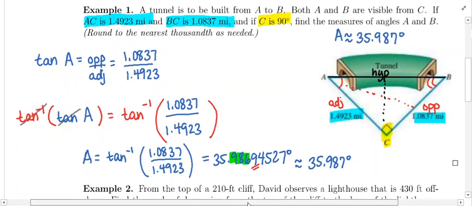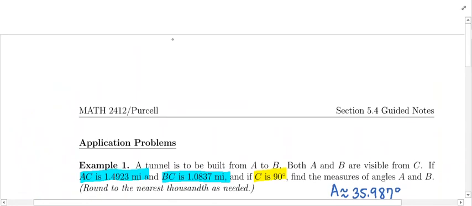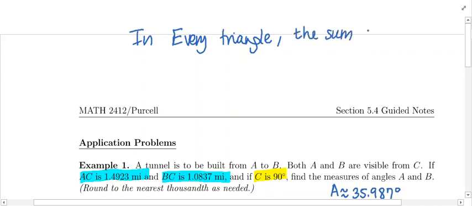So you can totally go ahead and set up a trig ratio, a right triangle ratio for angle B, just like we did for angle A. However, you don't have to. So remember this: in every triangle, right or not, the sum of the angles is 180 degrees.